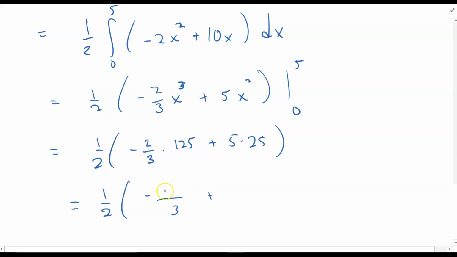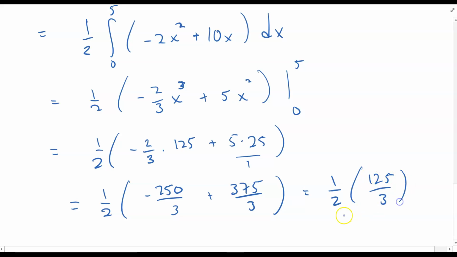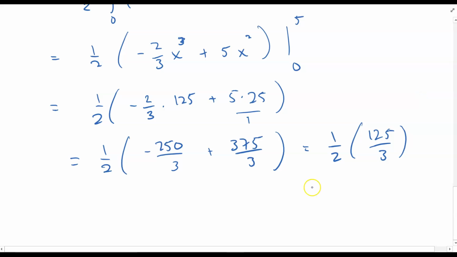Multiplying that by 2, we get minus 250. 125 over 1, put that over 1, multiply the top and bottom by 3 to get a common denominator. We'll get 375 over 3. And then just finally adding the results, we're going to get 125 over 3 times 1/2. And so the final answer for this problem is 125 over 6.